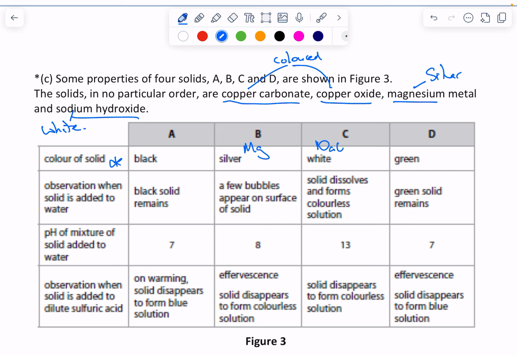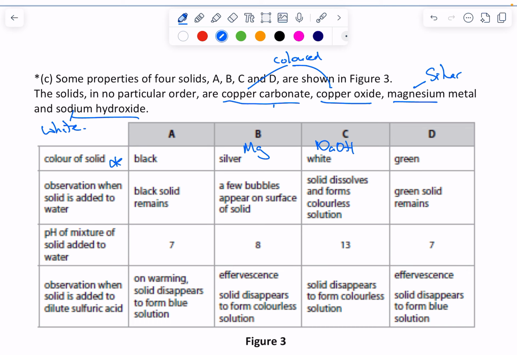This one here must be the sodium hydroxide, and then my 2 coppers are either A or D because they are colored compounds.